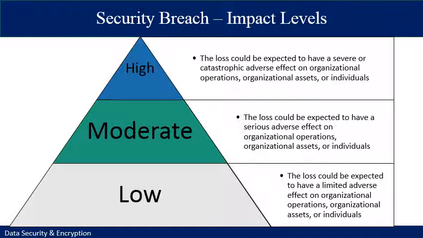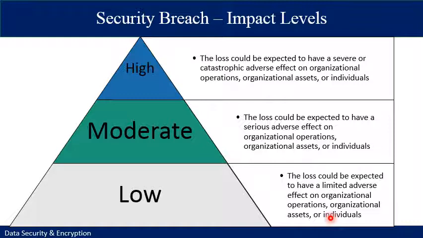So for example, we start with the low one. A low security breach means that the loss can be expected to have a limited adverse effect on the organization operation, organization assets, or individual. That means when an attack is made, most of the impact has an insignificant value.